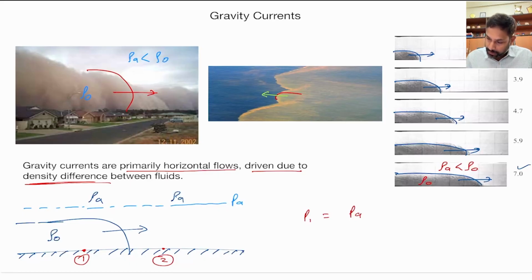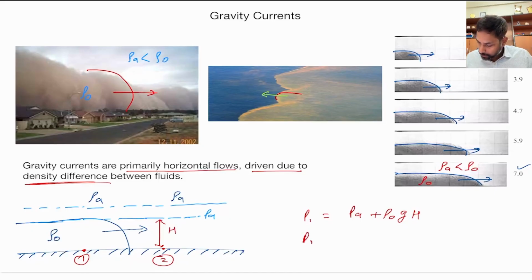Or, if we define this PA to be exactly at the top of the gravity current, my apologies, we'll define it here, that will make it much easier to understand. So P1 will become PA plus rho naught gH. Let's consider this as H. And P2 will be PA plus rho a gH.